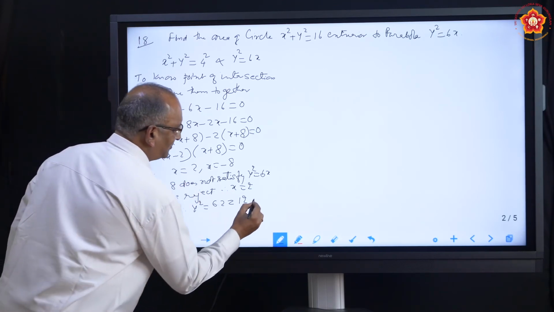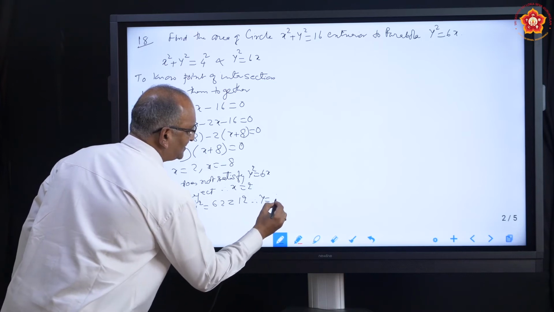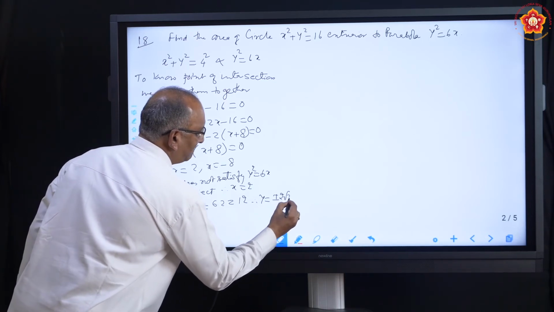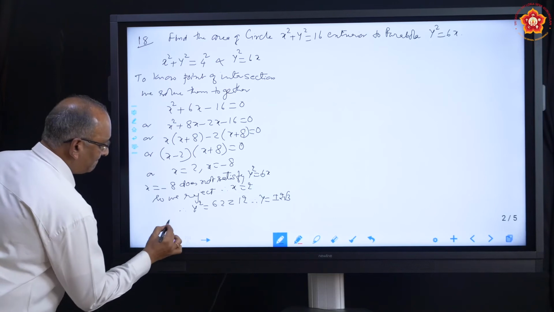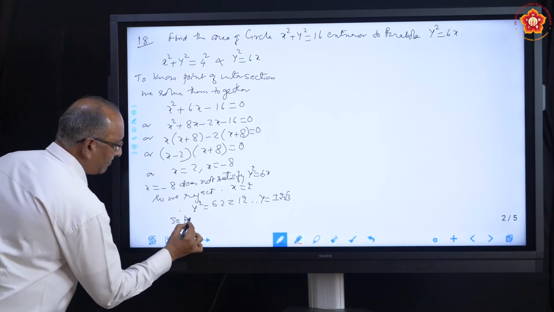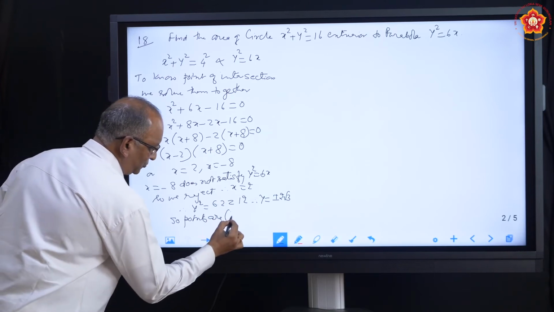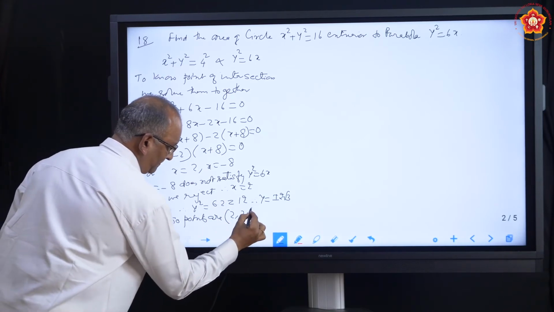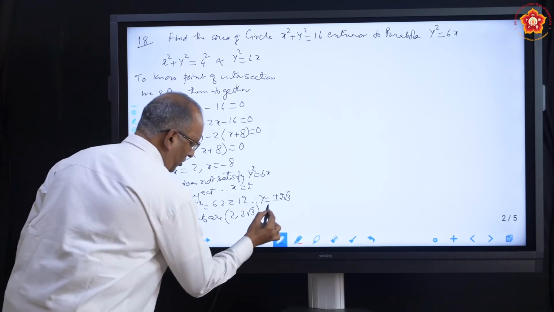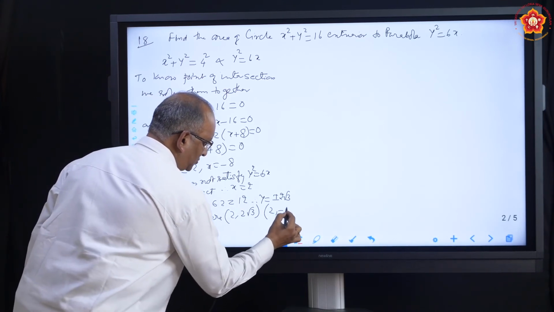So y is equal to plus or minus 2 root 3. So the points are (2, 2 root 3) and (2, minus 2 root 3).